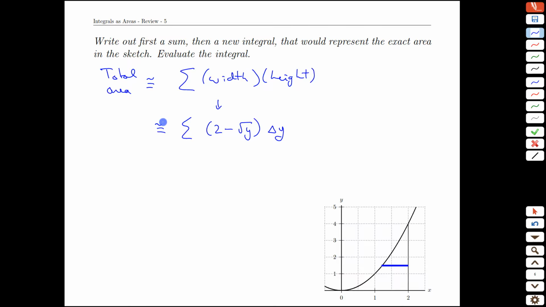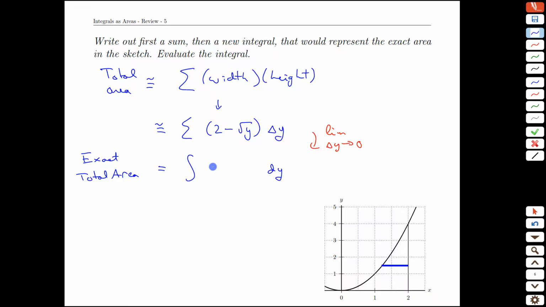Technically, these would be approximations. The exact total area is what we get using an integral. So we just construct the integral that comes out of this. Instead of a sum, we use an integral. Instead of using delta y, we use dy. This is where we take the limit as delta y gets smaller and smaller and smaller.